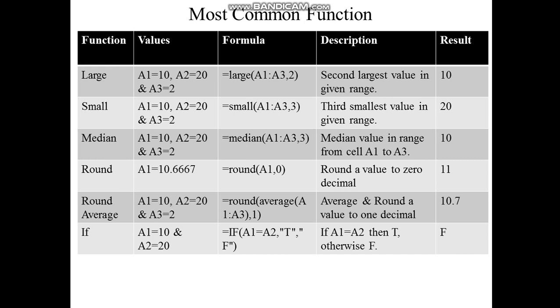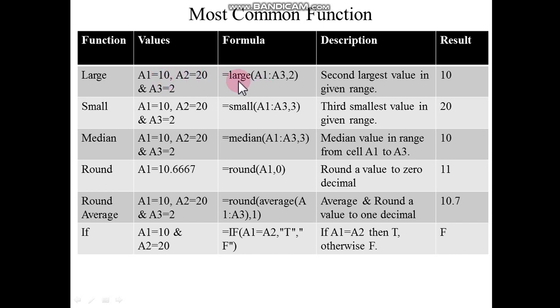In this example, we have 3 values, 10, 20 and 2, and I'm interested not in the largest value but the second largest value. In this case the largest value is 20 while the second largest value is 10.